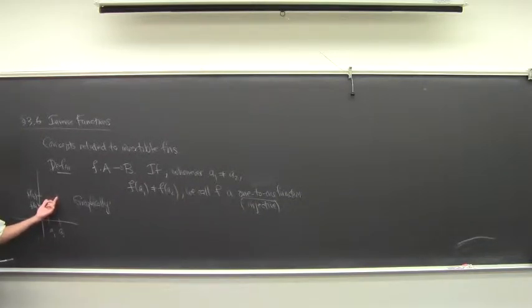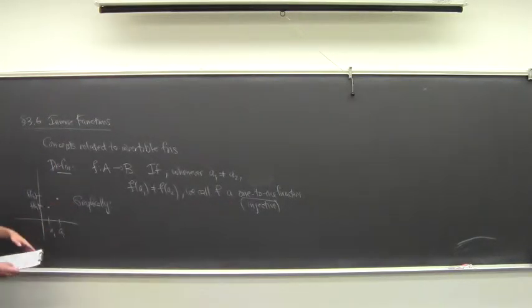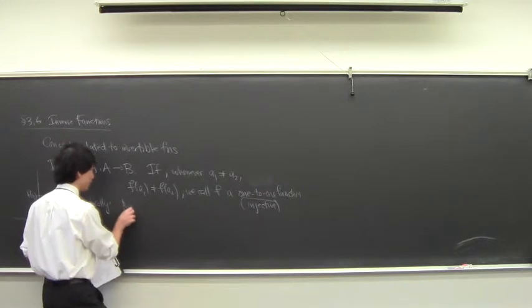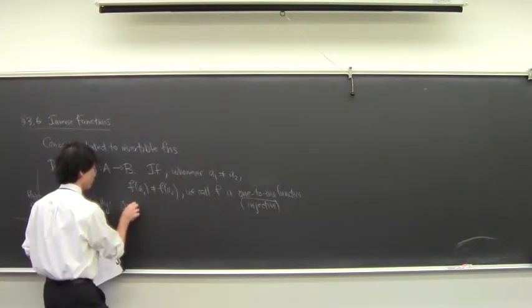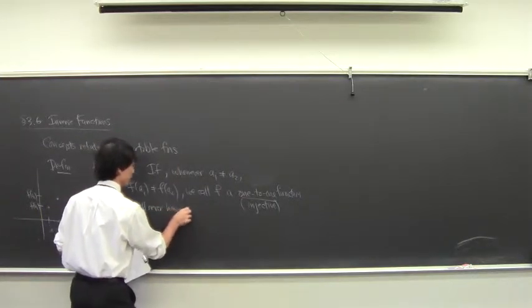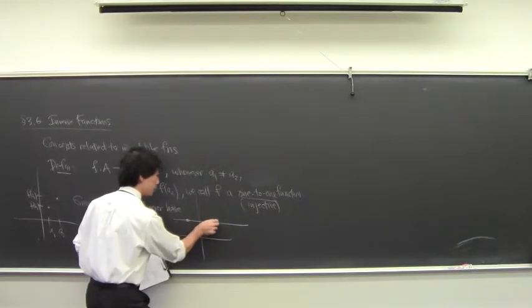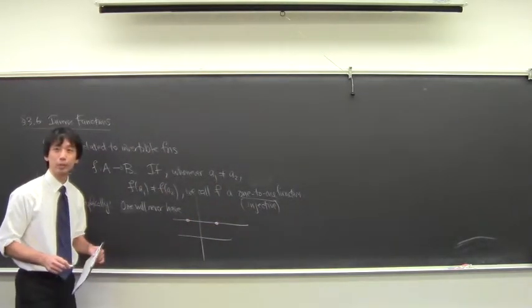Okay, Win. I was just going to add on to that, it would fail the horizontal line test if it was not one-to-one, which means for a function to have an inverse, it has to be one-to-one. That's right. So this is how it's related to the inverse function. So if it's one-to-one, one will never have the following situation where you draw a line and it hits the graph in two points.